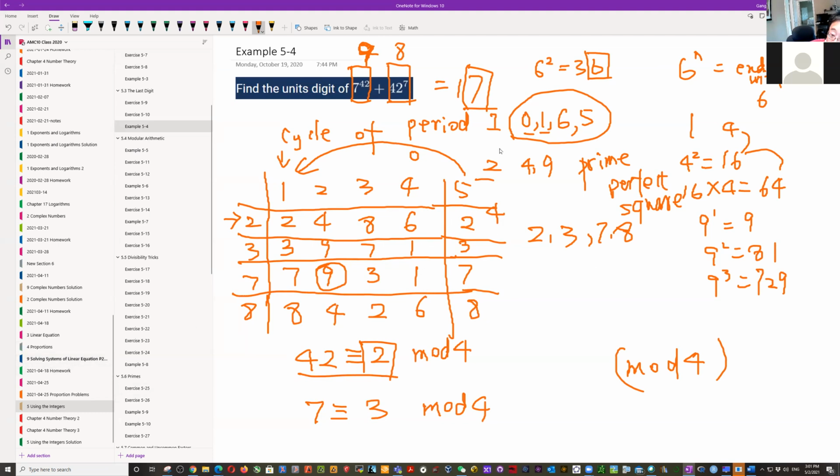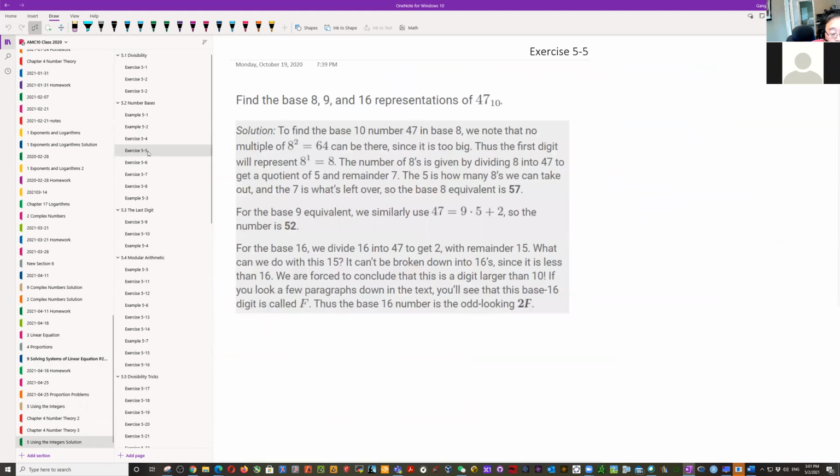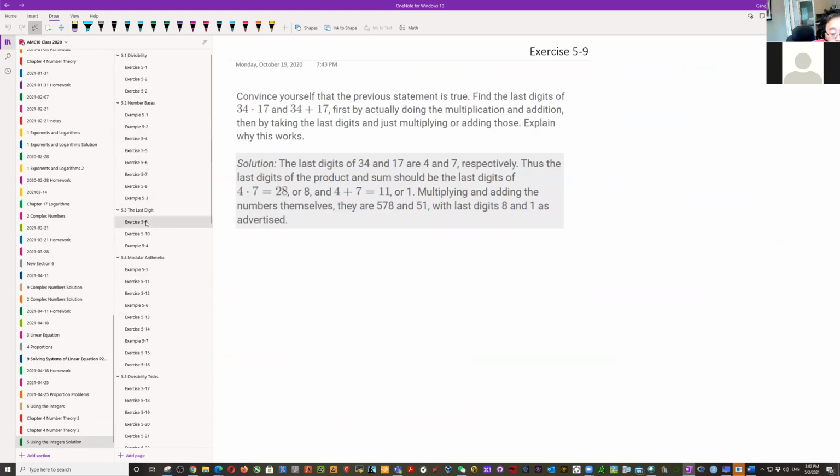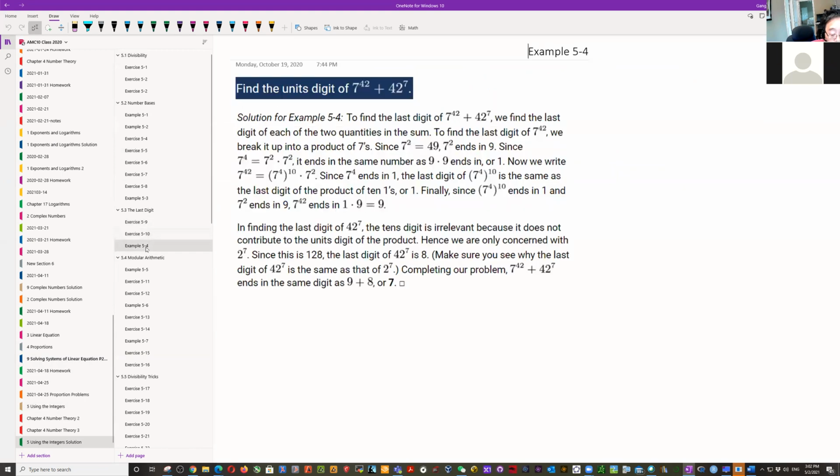So basically, if you understand the power period, you can solve it. The standard answer for this problem involves certain reasoning.